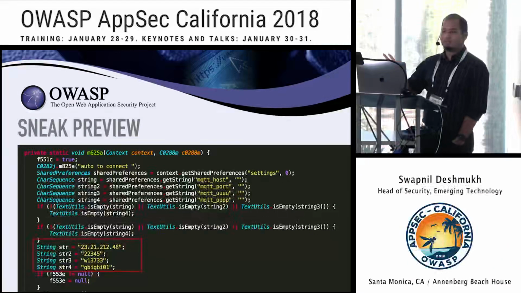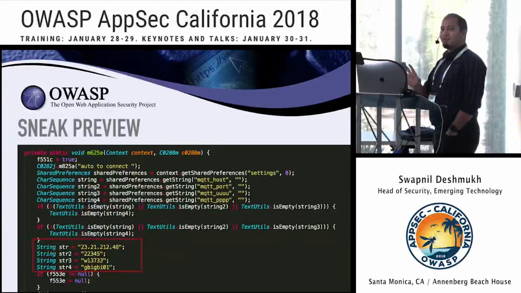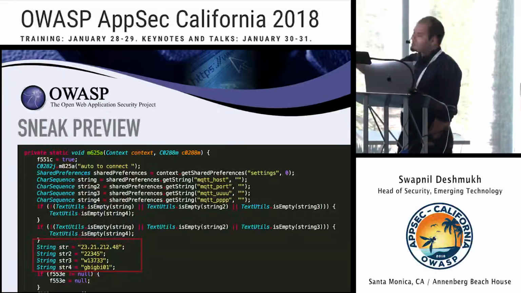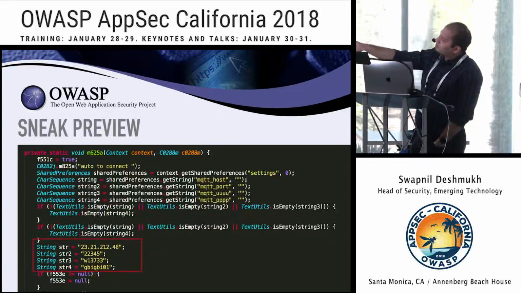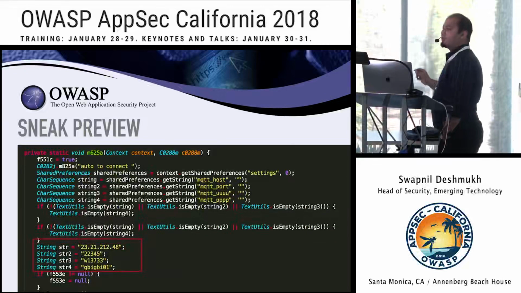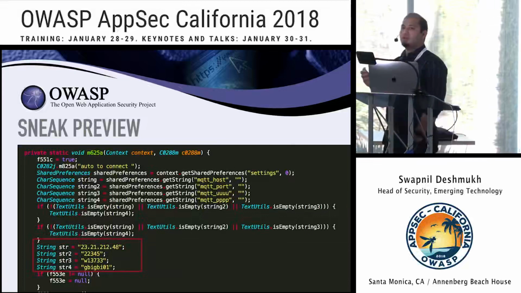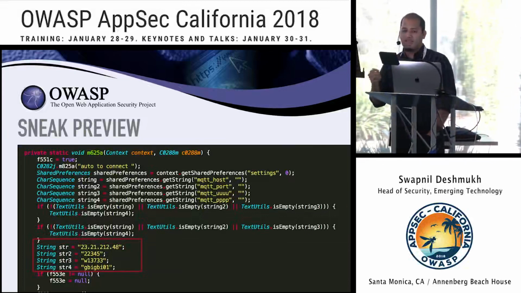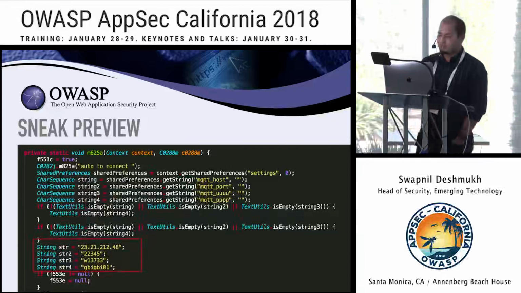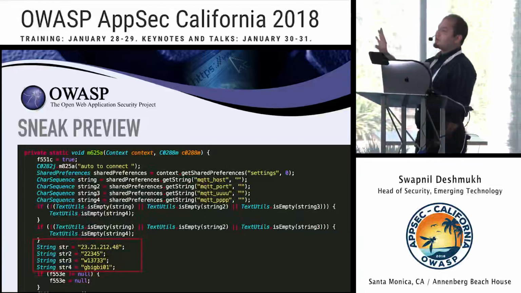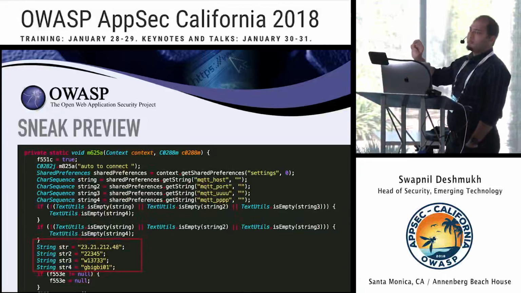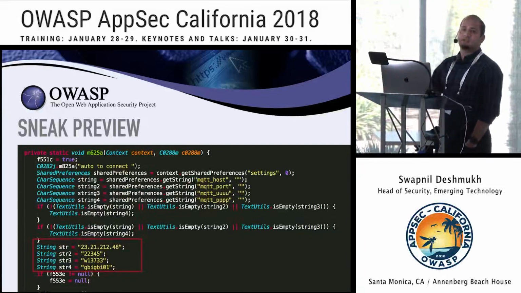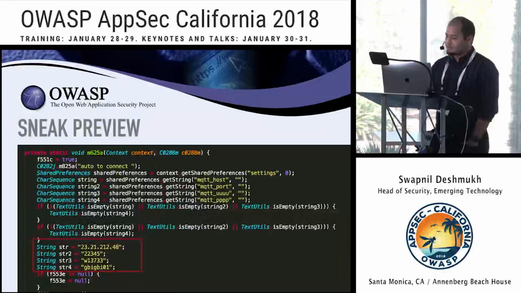It was just the day before yesterday that we found it, so maybe we'll have some more details soon. But as you can see, it's basically calling home with the username, the port, and the password, and it sends out user information about certain activities that we're doing at any given point. Once we have done the inspection around it, I'm happy to release it so that we all can understand the security posture of it.